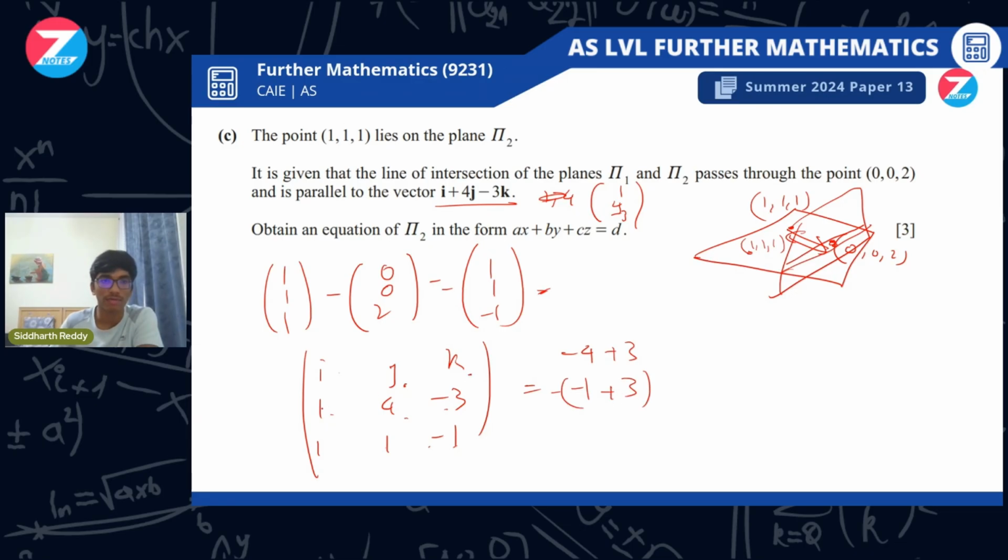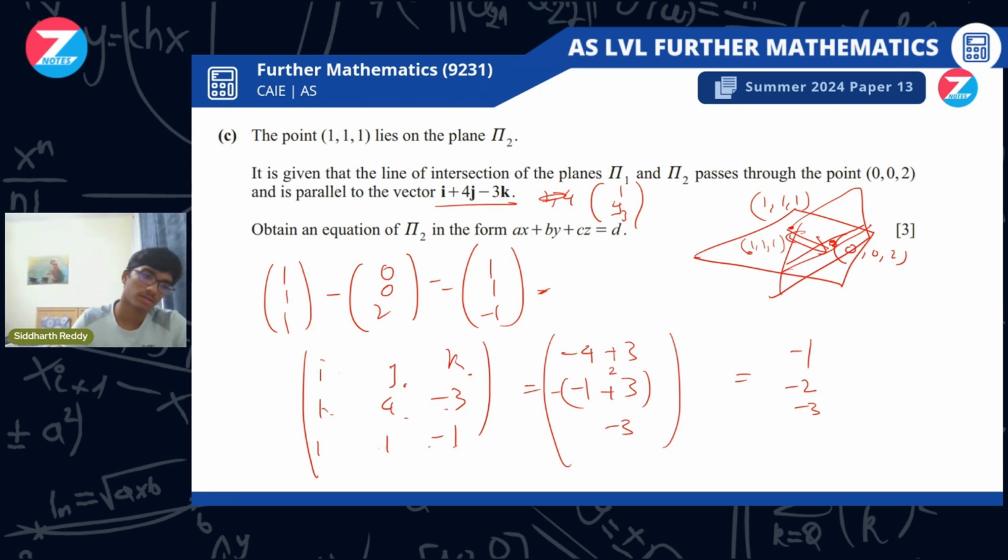For k, we have 1 times 1 minus 4, which is just minus 3. So we have minus 4 plus 3 is minus 1. Minus 1 plus 3 is 2, so this becomes minus 2. So the normal vector is (minus 1, minus 2, minus 3).